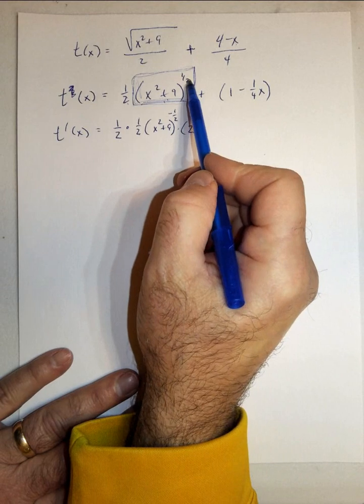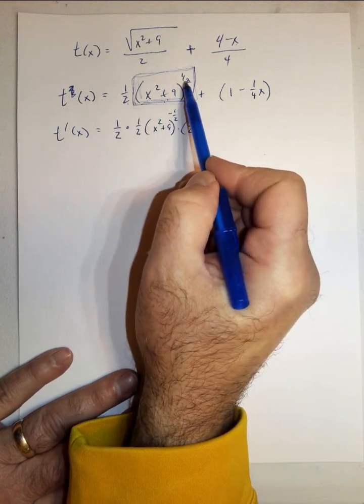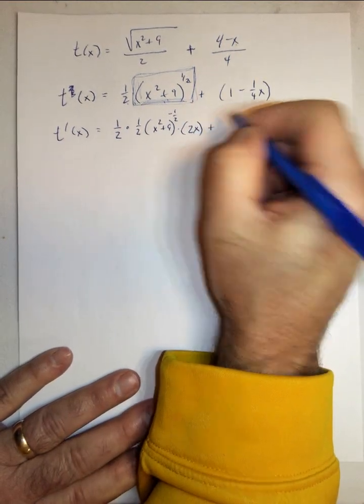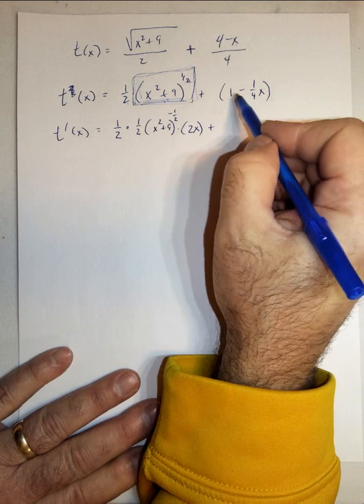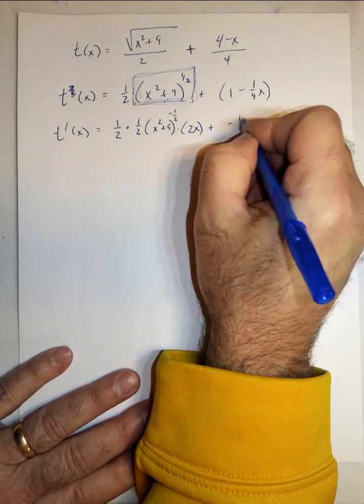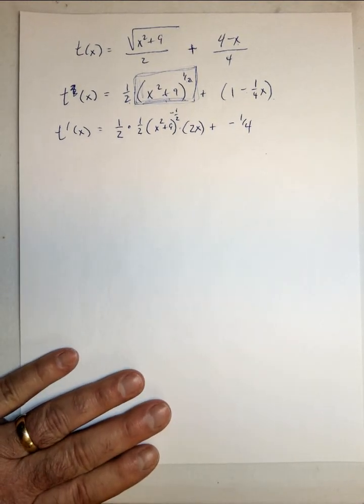So again, 1/2 down in front to the negative 1/2 because we dropped the power by 1, and then the derivative of the inside function, plus the derivative of this, which is the derivative of 1, which is 0, and then this is just minus 1/4. So now what do we have?